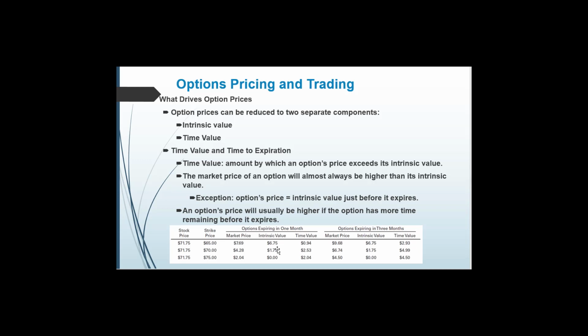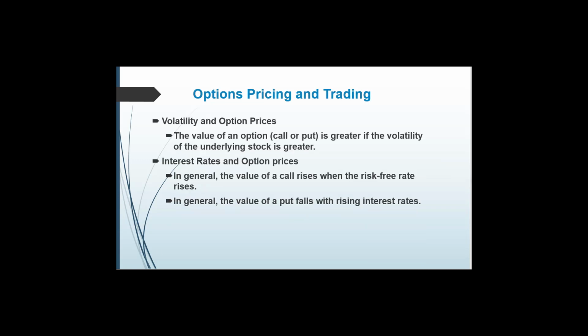Again, there are a lot of things we need to fill in here, and quite frankly, this class isn't set up for really trying to understand how this all works. It's fairly theoretical and a little bit on the deep side. The value of an option is also greater if there's uncertainty in the stock price.